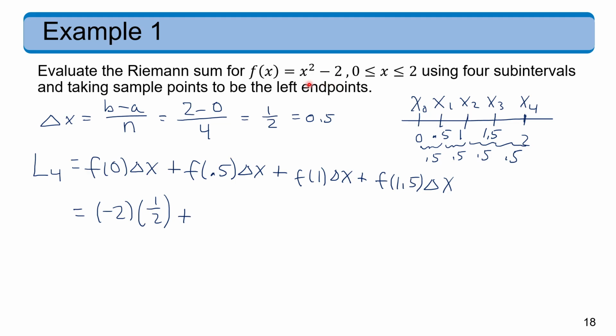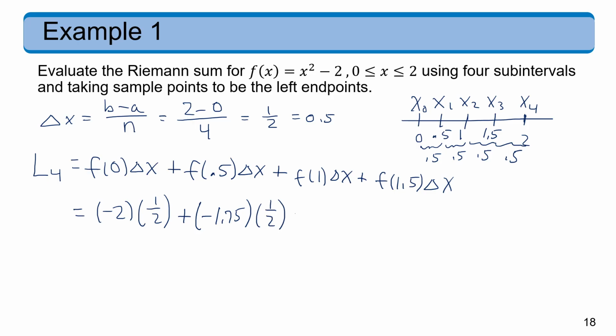Right, so 0.5 squared is 0.25, and then when you subtract 2, you get minus 1.75. Okay, so then we'll make this minus 1.75 times our delta x, which is 1/2. I'm kind of mixing decimals and fractions here, but that's okay.